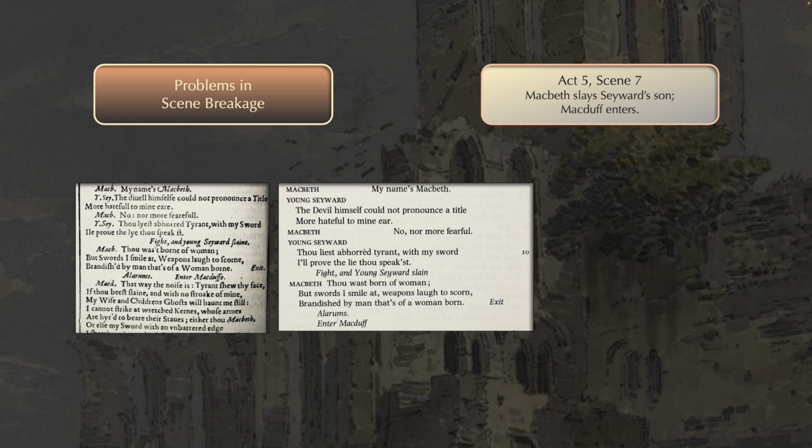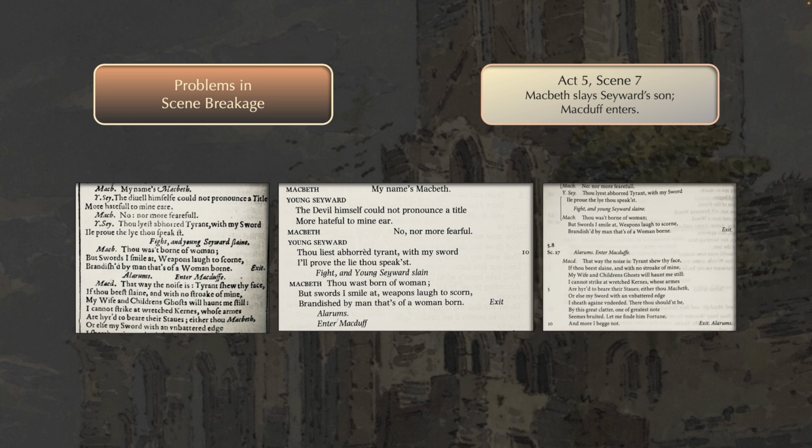However, some editors, for the sake of consistency, decide to go ahead and put a scene break in there. So here's the scene in the Oxford critical edition of Macbeth, a really amazing edition of Shakespeare in a lot of ways.